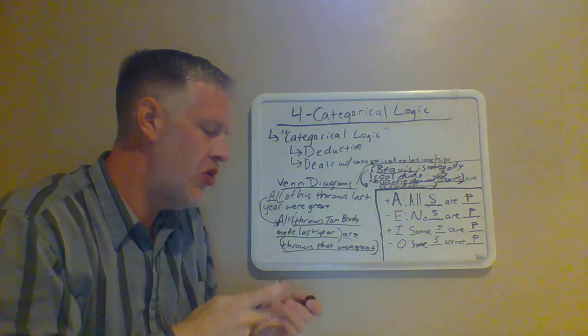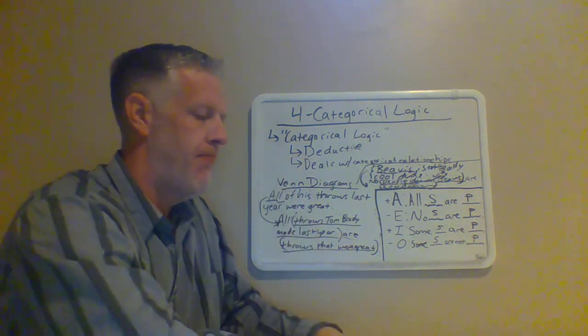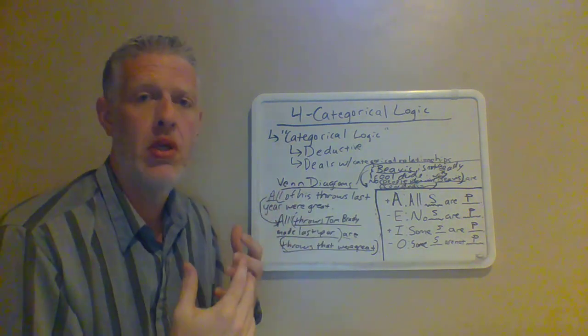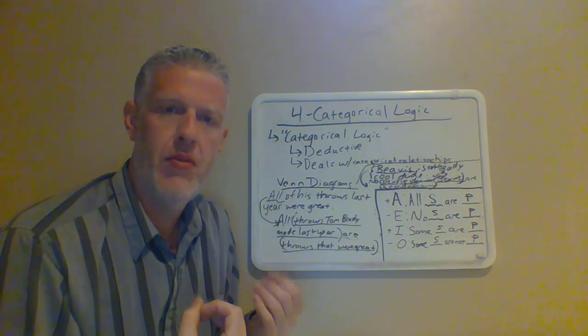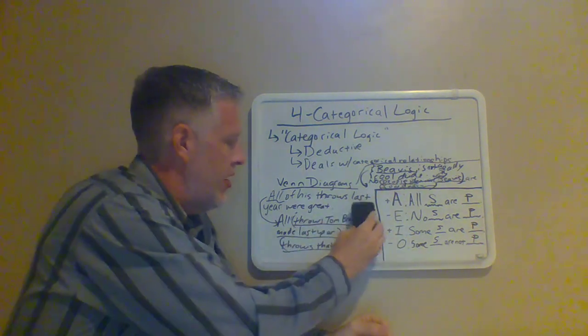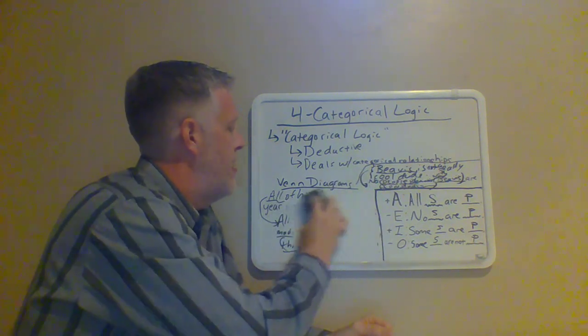So once you start having the standard form claims down in your mind, and you get comfortable translating most of what's said in an everyday sense into the standard form claims, then we can start talking about Venn diagrams. Maybe you've heard of Venn diagrams.